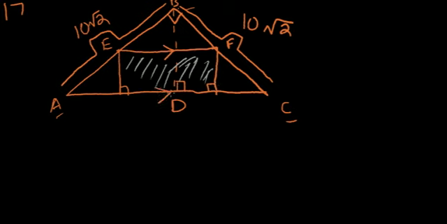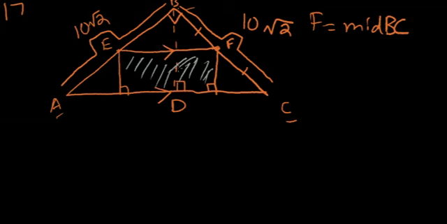Nice to know. And F is the midpoint of BC. So just from this information, we know that this is going to be equal to this. Oh, okay. What is the area of the shaded rectangular region, which is this rectangle?